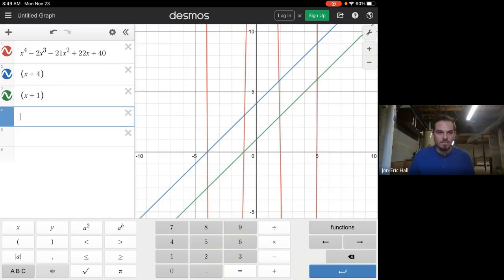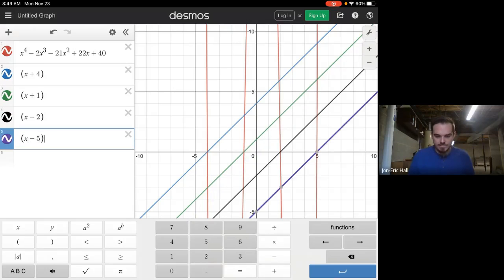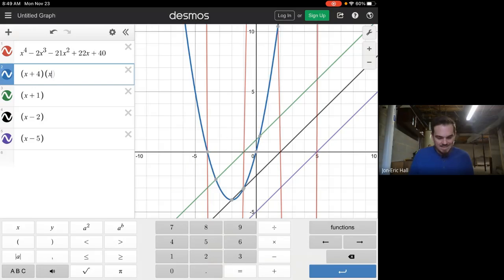So there's 2 of them. The other one that I know I would have would be x minus 2. Again, it crosses at that point. You can see they're crossing the x-axis at the same spot. And then the one that they gave me here, x minus 5. Now, if I put all of those together, I should have the exact same graph as before.